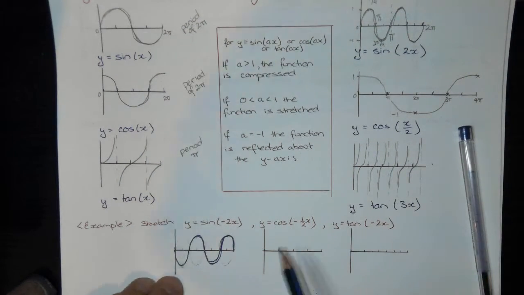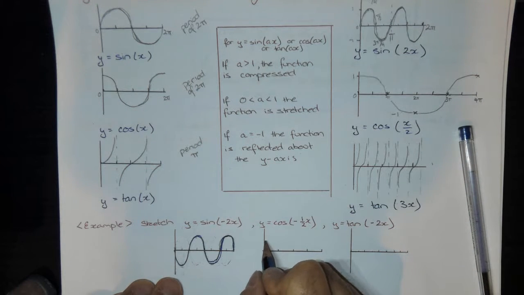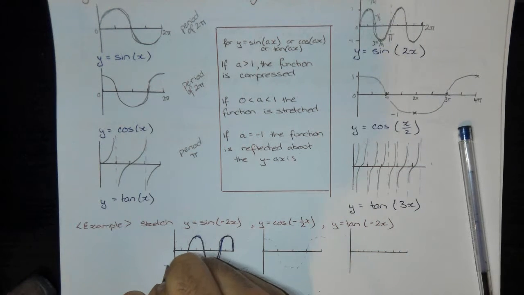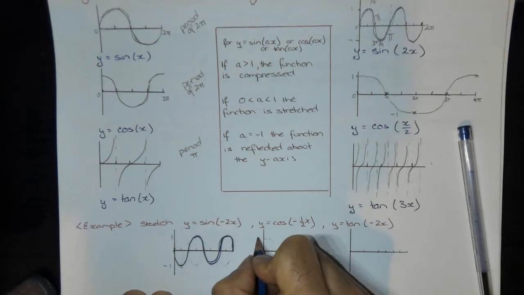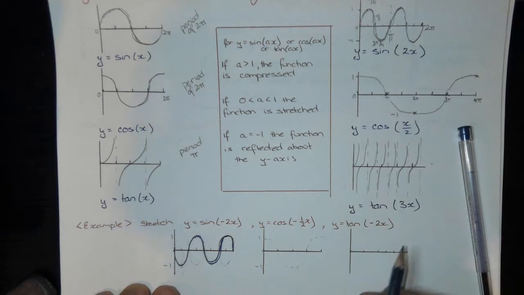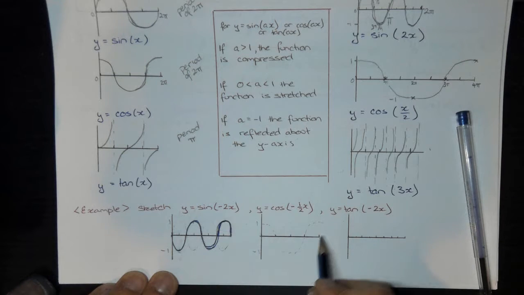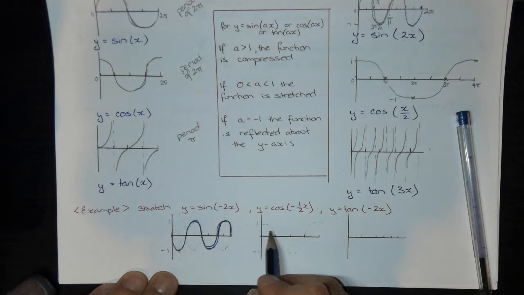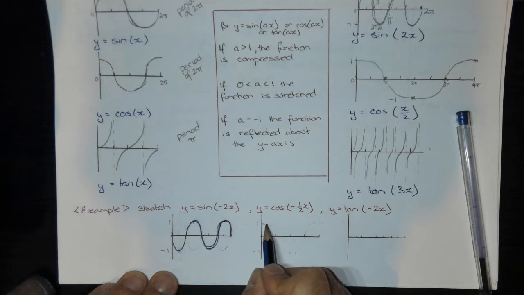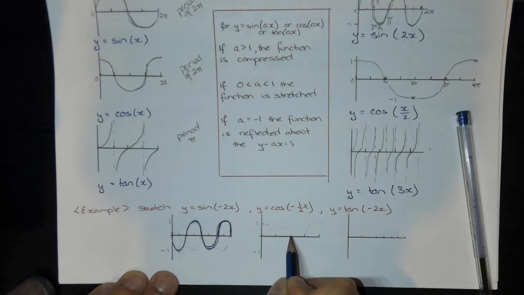So we've got y equals cos of x. So cos, remember, goes like that between -1 and 1. And now, because it's a half, it's going to stretch its period by a half. So it's going to go like that.